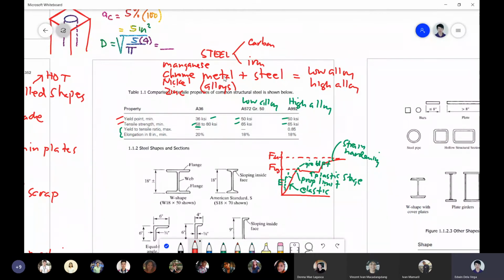Okay, but of course it is very expensive to add these metals, so you only make a very small percentage of addition. No? So normally your steel gets its strength from carbon elements, but you cannot make a very big percentage of carbon, since carbon can actually make your steel brittle. Okay, so it's not good to add a lot of carbon.